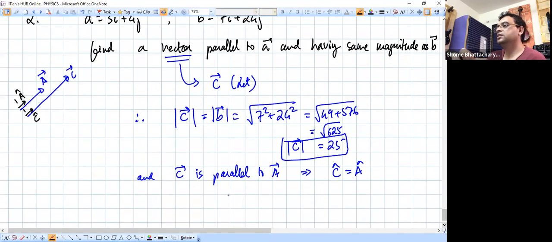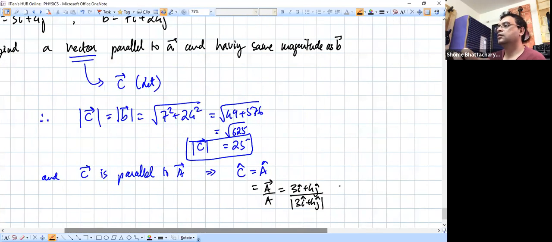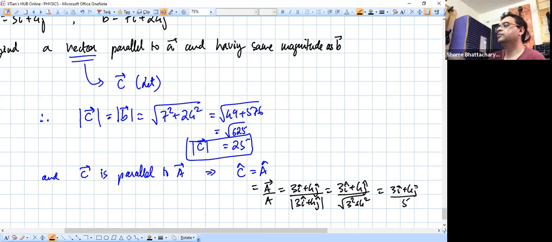So the unit vector of A is nothing but A divided by magnitude of A. So that is 3 I cap plus 4 j cap divided by mod of 3 I cap plus 4 j cap. Okay. So that is the same thing as 3 I cap plus 4 j cap by square root of 3 square plus 4 square. Okay. So by 5.